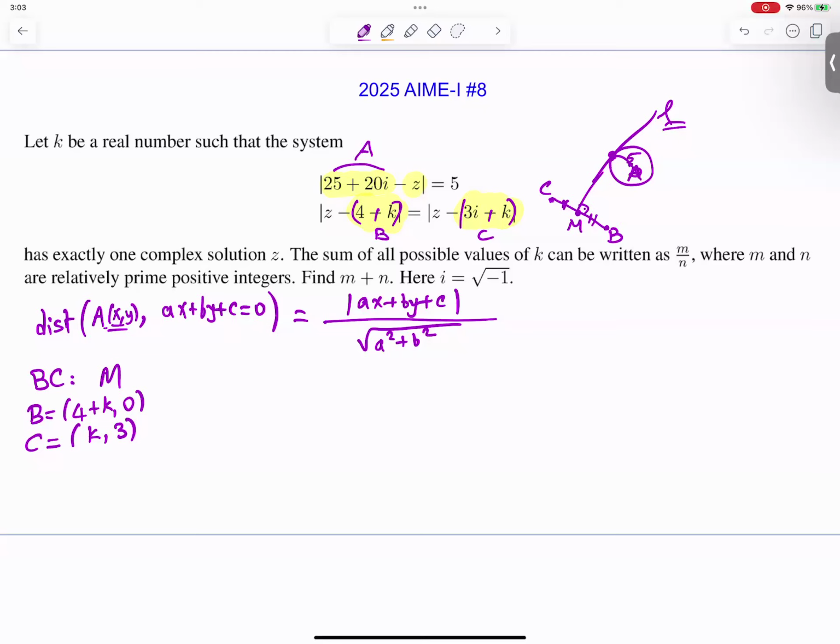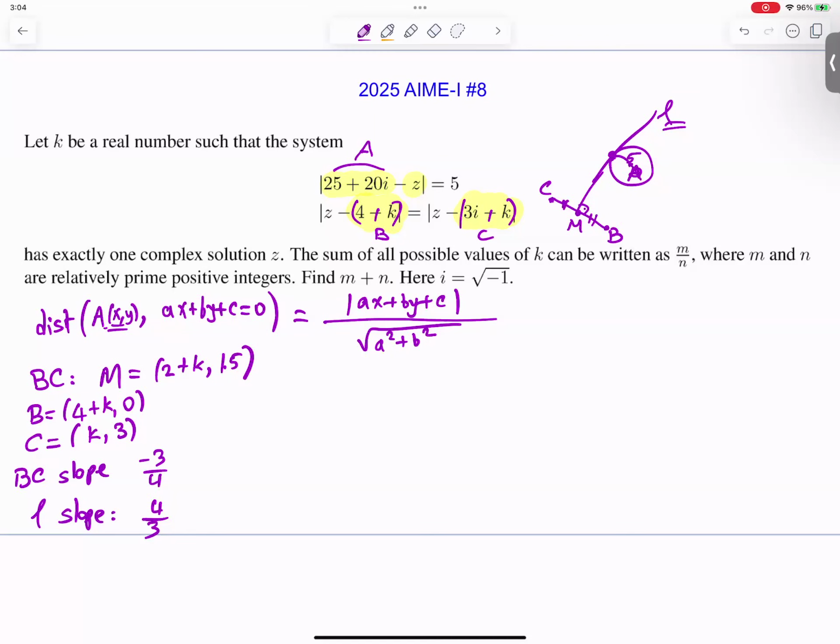So M is the midpoint of these, so it will have coordinates the average of the x and y coordinates: 2 plus k, comma 1.5. And if you look at the direction of BC, x decreased by 4, y increased by 3, so the slope is negative 3/4. So the line L, since it's perpendicular to this, will have slope 4/3.